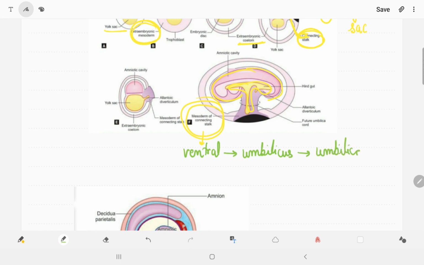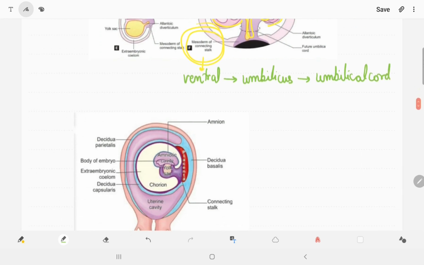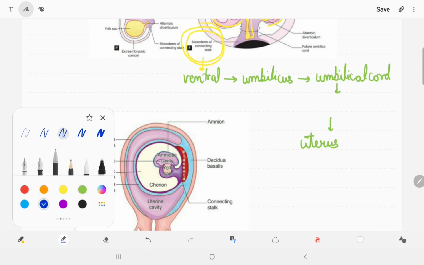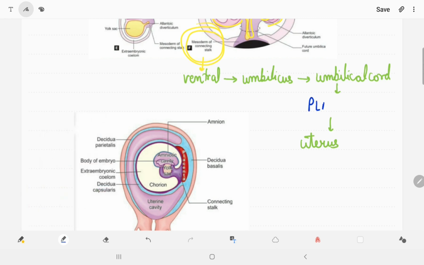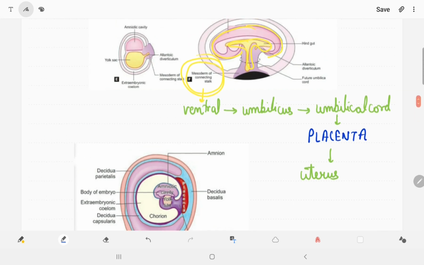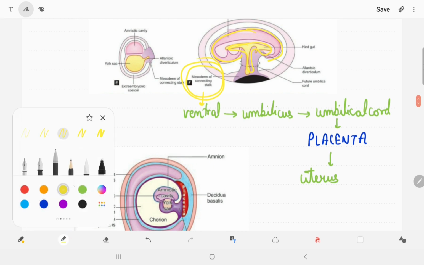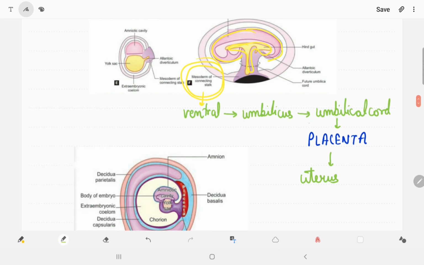And this umbilical cord has to attach to the mother or the uterus of the mother, right? It has to attach to the uterus, but how will it attach? It will attach via a structure which we are going to read further, which is the placenta, right? We are going to read about the placenta. But now, can you tell me that umbilical cord is a derivative of what?